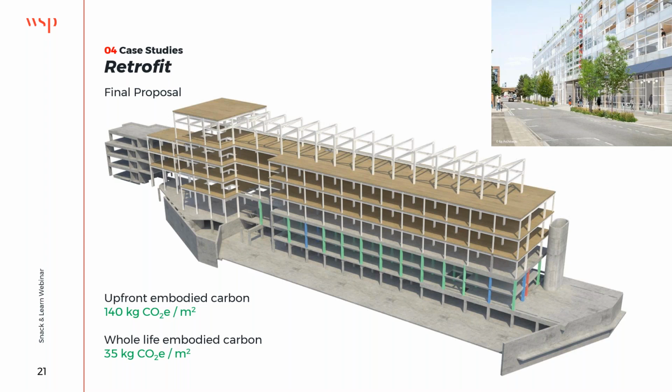That was extremely beneficial for this type of construction. As well as that, we shouldn't ignore the embodied carbon: from cradle to construction, 140 kilograms of CO2 per meter squared, and the whole life at 35 kilograms per meter squared, incorporating the sequestration. That's what the building will look like in the future when it's fully clad, and you can't see the timber, or at least you can see the soffits of the slabs.